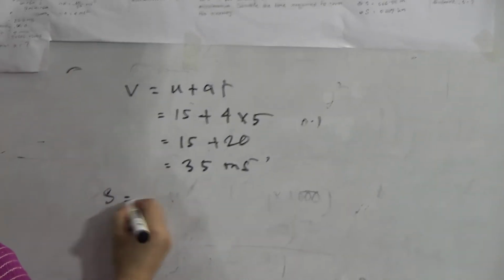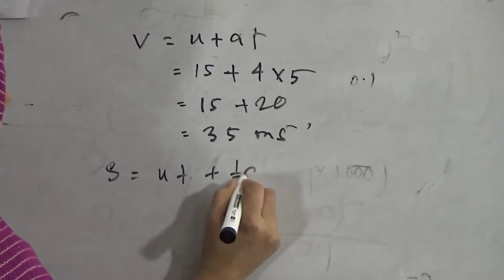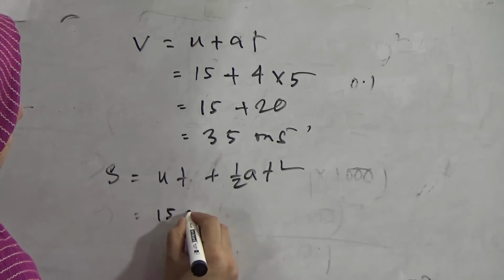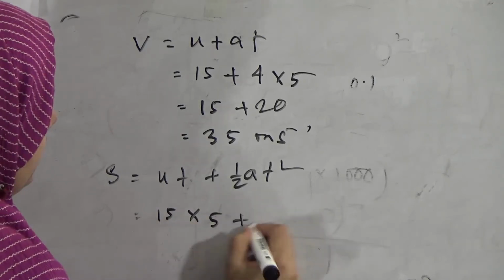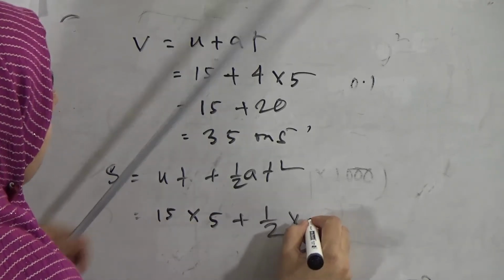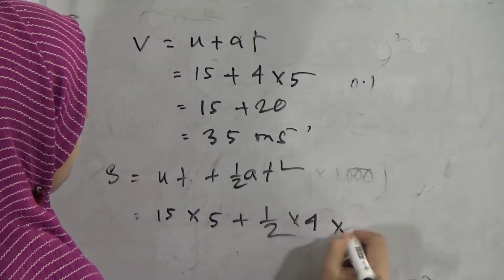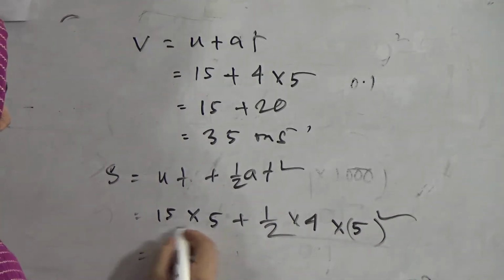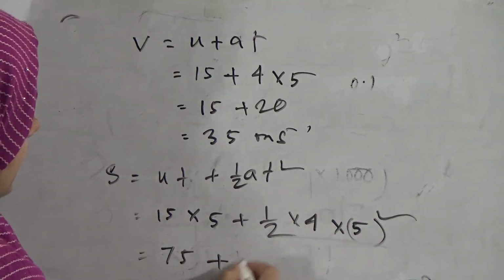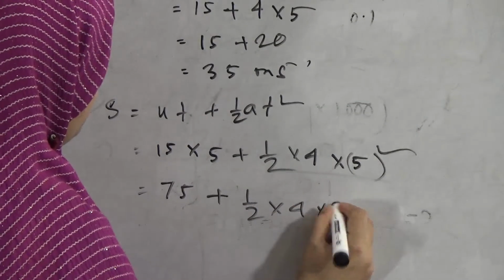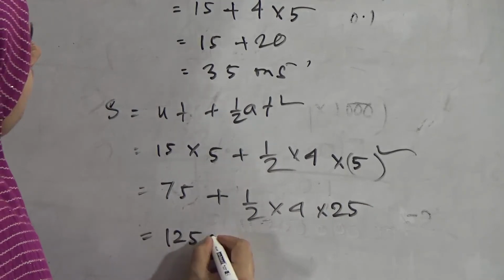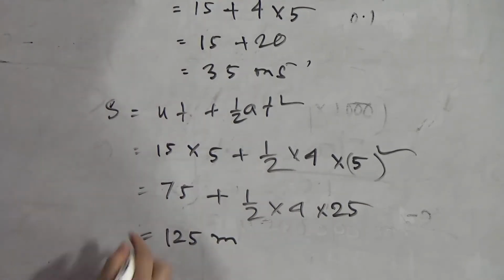Now we have to find the distance. Again we know s equals ut plus half a t square. That means u is 15 into t, which is 5, plus half into a, which is 4, into t square, 25. So 5 15s are 75 plus half into 4 into 25, that means 125, and the unit of distance is meter.